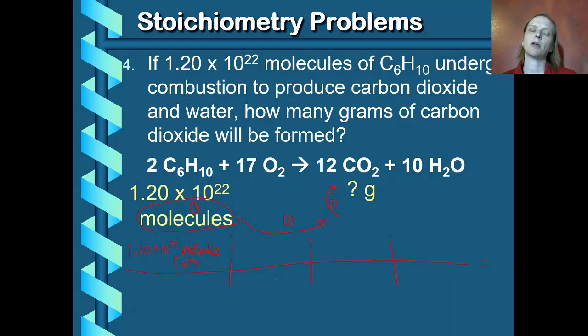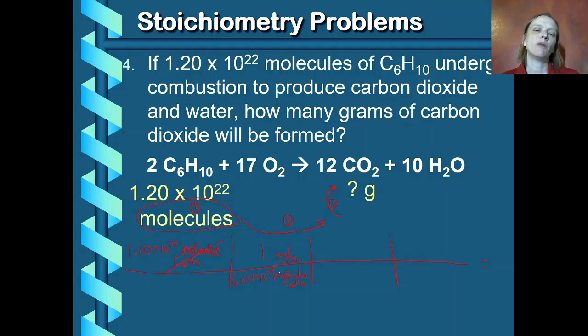How do I convert between molecules and moles? I need Avogadro's number. I need to think about how many molecules are in 1 mole of C6H10, and that value is always 6.022 times 10 to the 23rd, always using Avogadro's number.